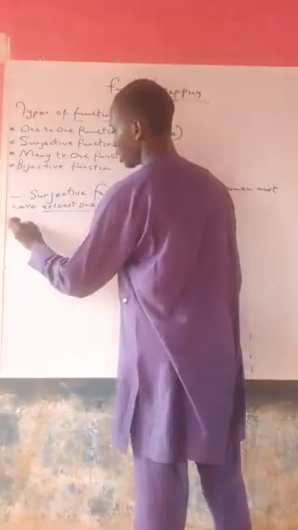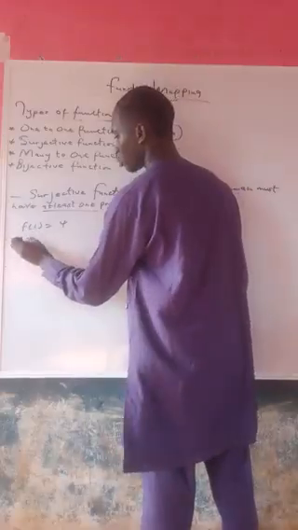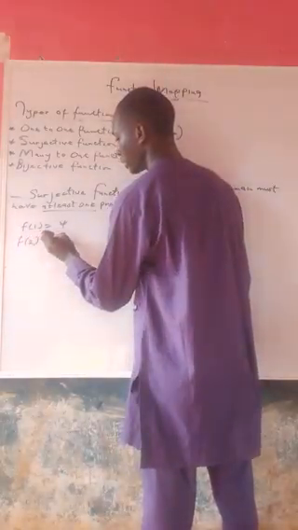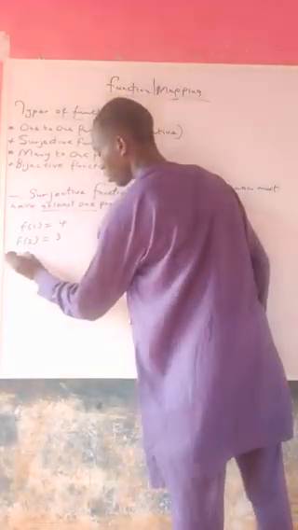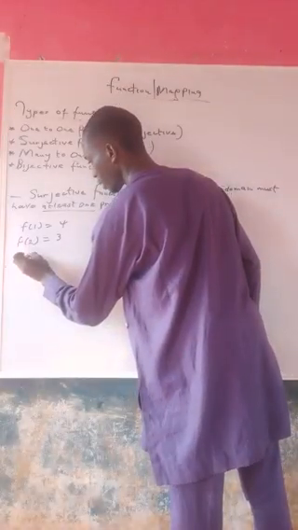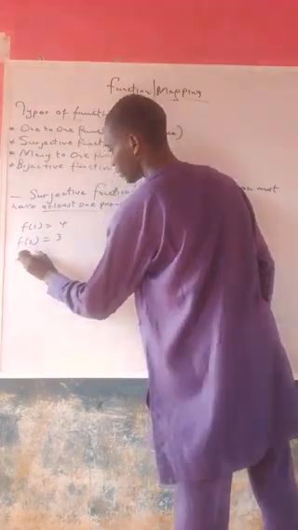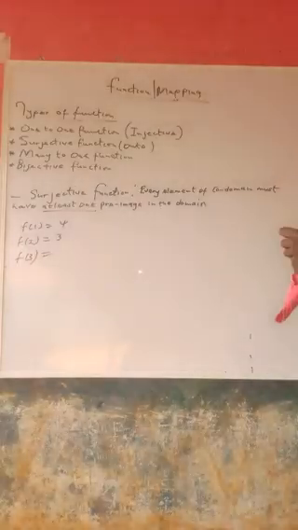Alright, so this is what I'm trying to say. If you're having f of 1 equals 4, f of 2 equals 3, f of 3 can be equal to 4.